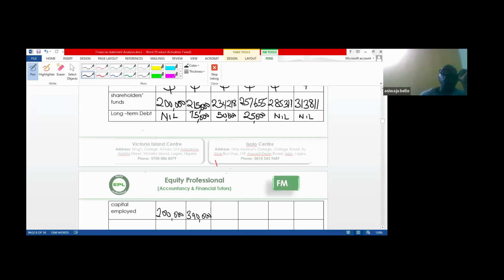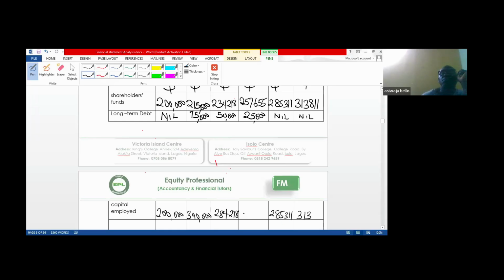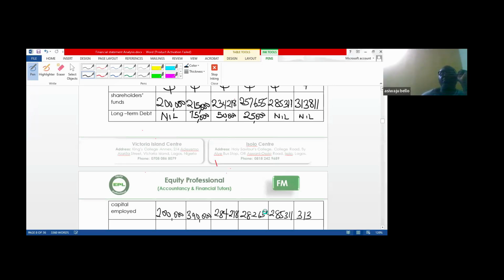Addition: 234, 218 plus 500. 284, 218. Addition, please. $282,655.